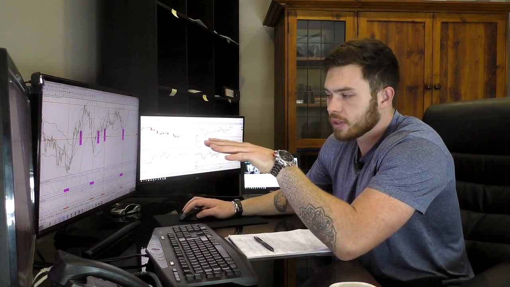So what you're going to see right below the stochastic level, where the pink rectangles are, is the MFI level. Now the stochastic indicator and the MFI indicator calculate their values based on different metrics. So sometimes the stochastic can provide you an indicator that an asset class is oversold, but the MFI is not at the same level. And sometimes this means there's a data discrepancy, meaning the data is not adding up, it's not correlating.